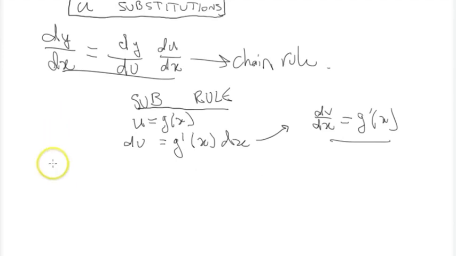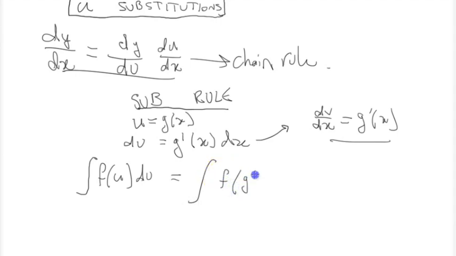So given this, we can say that the integral of some function of u, with respect to u, will be equal to the integral of that same function of g of x, because we're just substituting, times g prime of x dx, because that is equal to du. So these two expressions are equal.